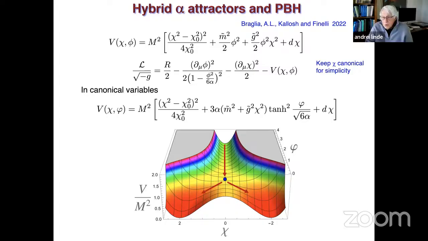Let me ask you then, what kind of models did you study? Did you study this two-field model, like our model? Already checked it? I did study the original Braglia model that then was connected, an explicit connection was made with the alpha attractors. I think you call it axion dilaton.